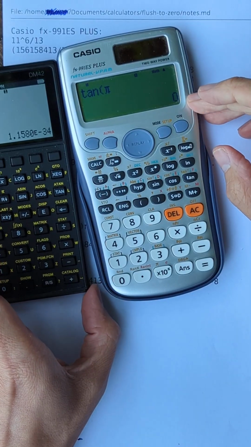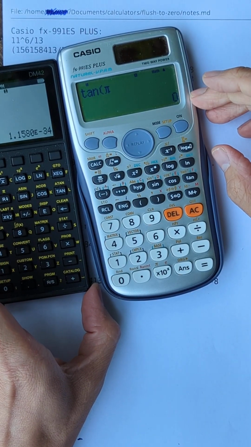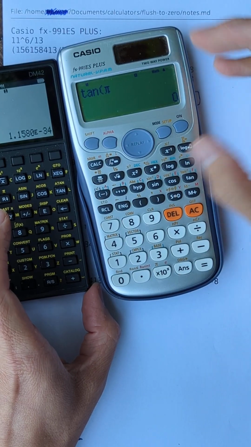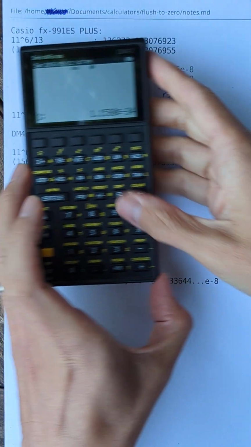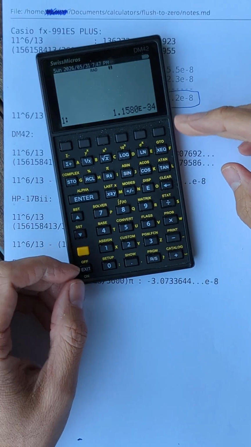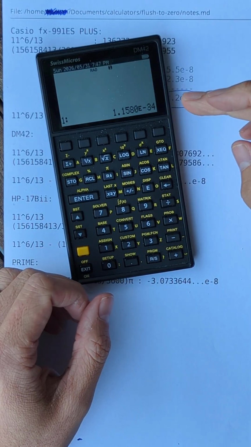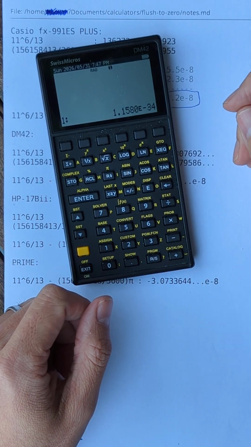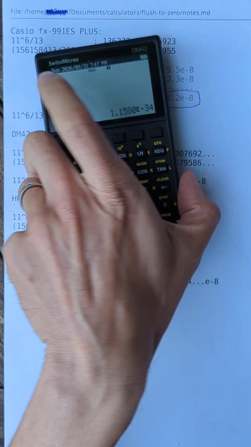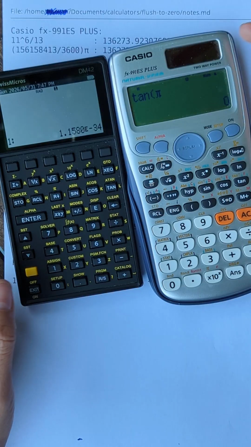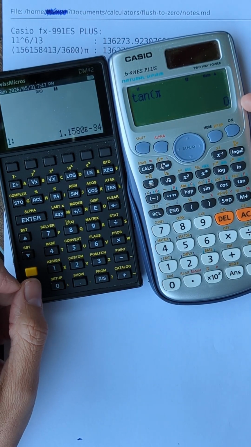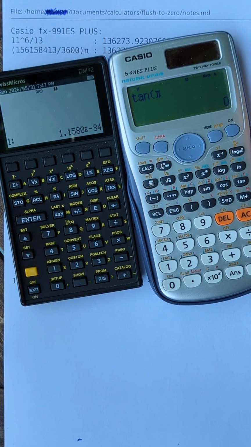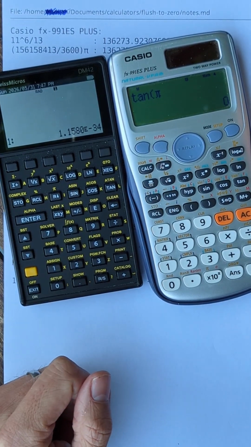And again, this is a little bit of a lie, because tan of a 15-digit representation of pi is not going to give you exactly 0, and in fact this DM42 knows that, because it isn't an exact representation of pi. So again, on the other hand, what looks mathematically correct? Well, obviously this one, but what do I prefer for a finite precision machine? Definitely this one. Okay, that's all.